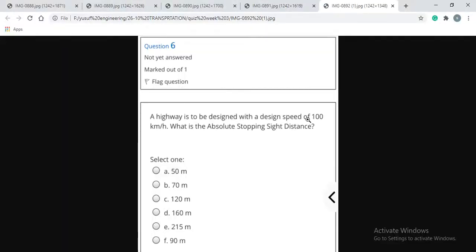The design speed of 100, what is the absolute stopping sight distance? We need to find the absolute stopping sight distance here. We have the design speed, and we just need to find the stopping sight distance. It's very simple.